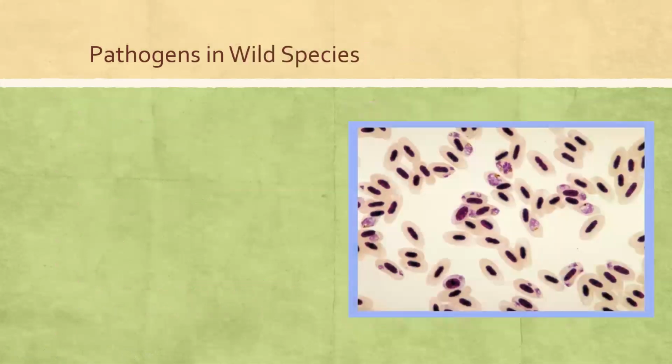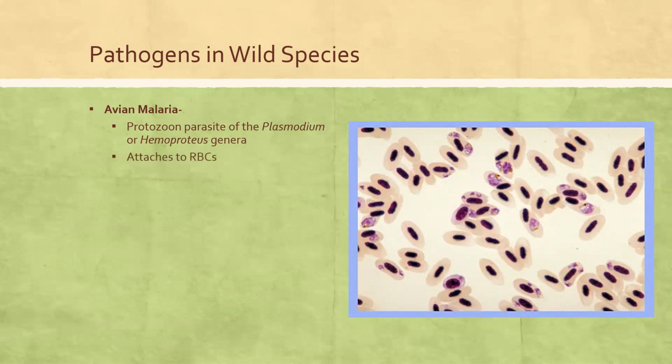Now, moving over to a few pathogens that are very common in wild species of birds, we start first with avian malaria. Malaria is a protozoan parasite of either the Plasmodium or the Haemoproteus genera. They attach to red blood cells, just like we see in this image to the right.